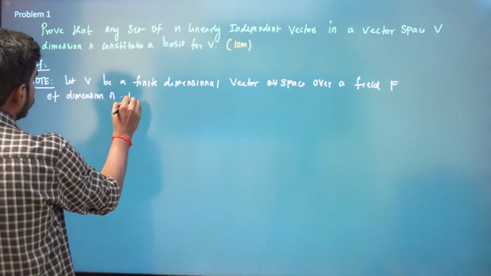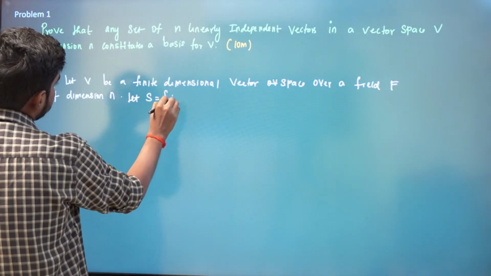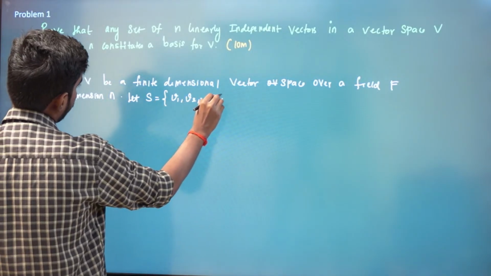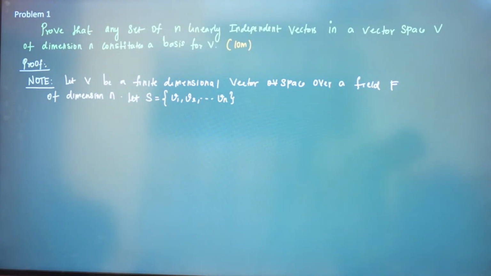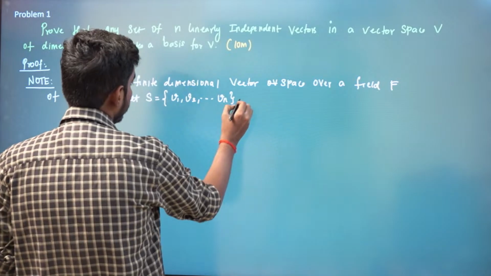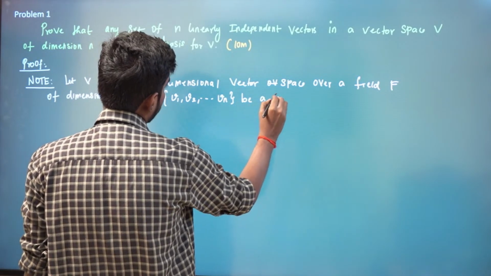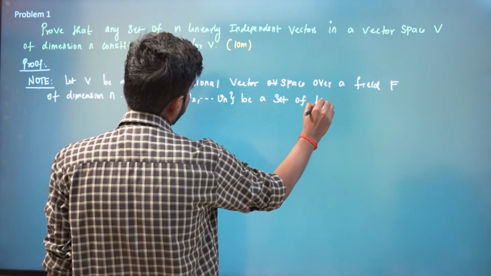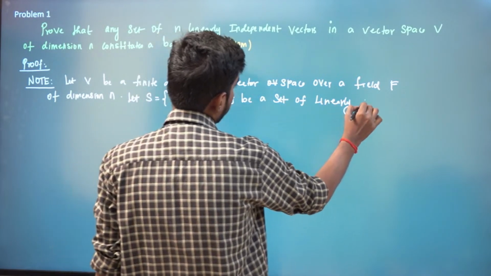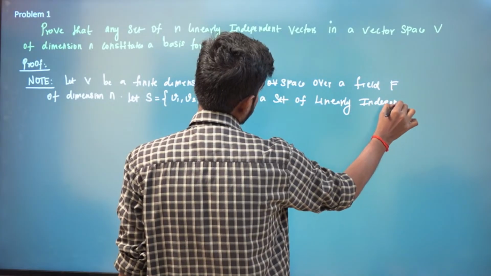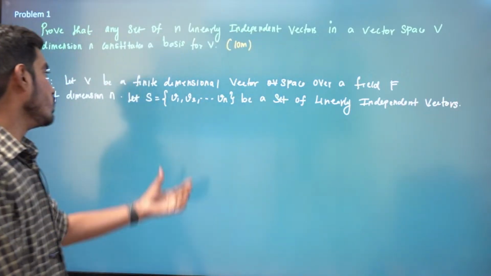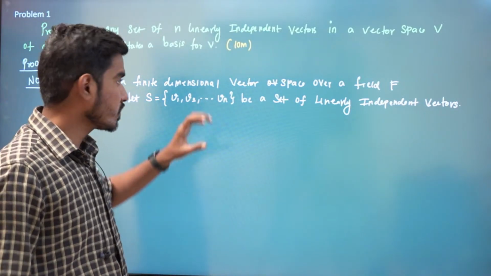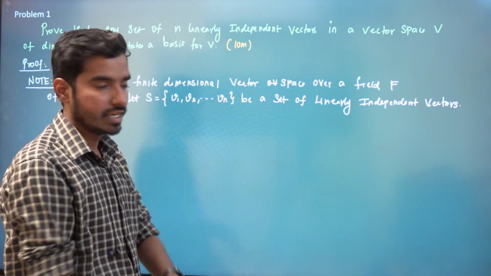So let S = {v1, v2, and so on up to vn} be a set of linearly independent vectors. So we have n linearly independent vectors here for this vector space of dimension n.